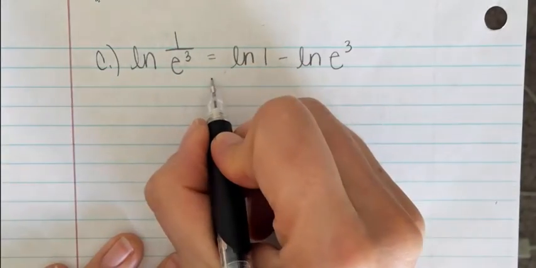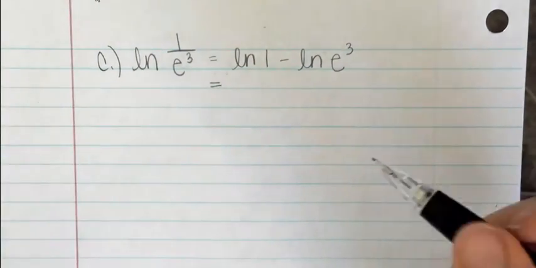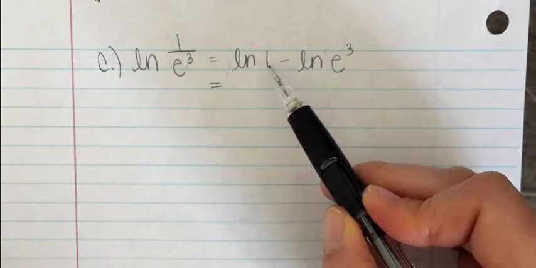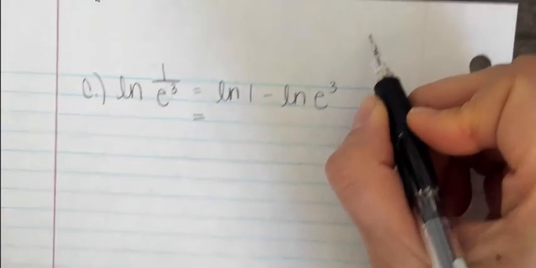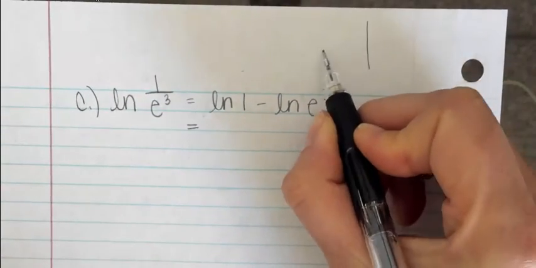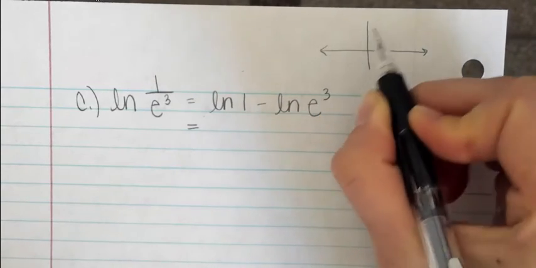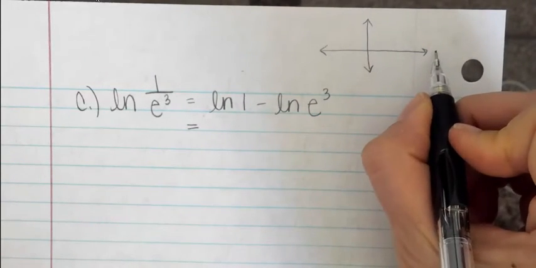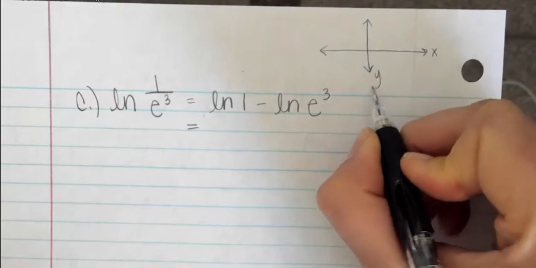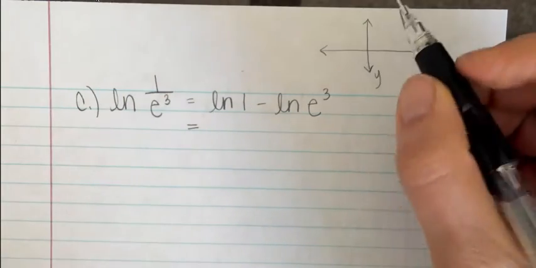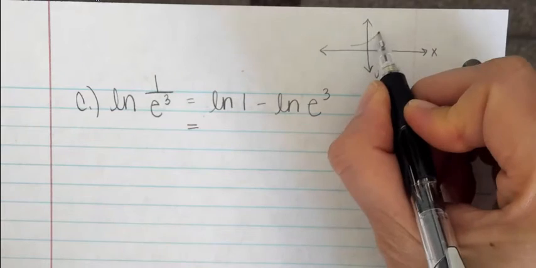It depends on how you want to do it, but first of all, ln of 1. If you think back to the graph of a logarithm, there's one point that you should definitely remember. I don't have an a here, and remember, your exponential looked like this.